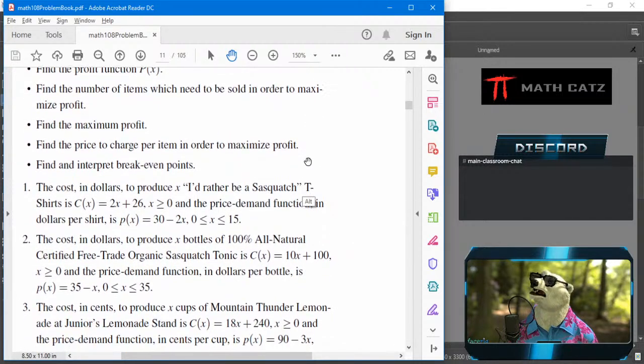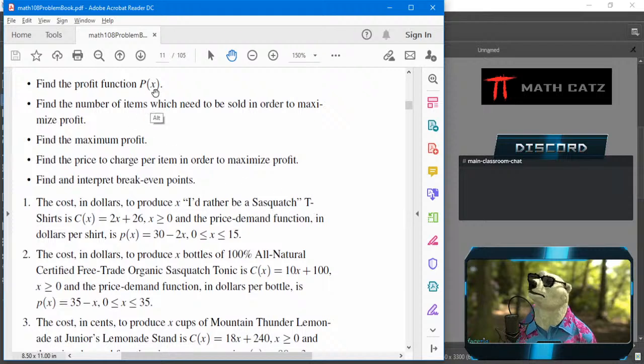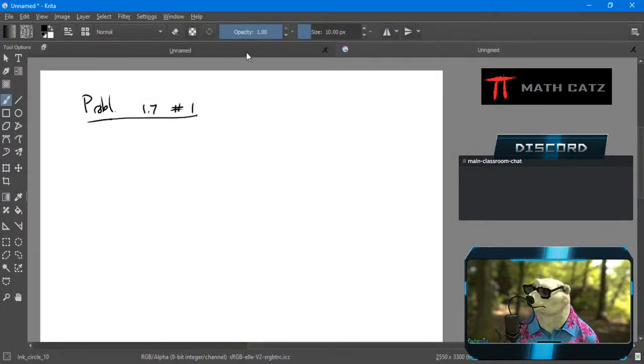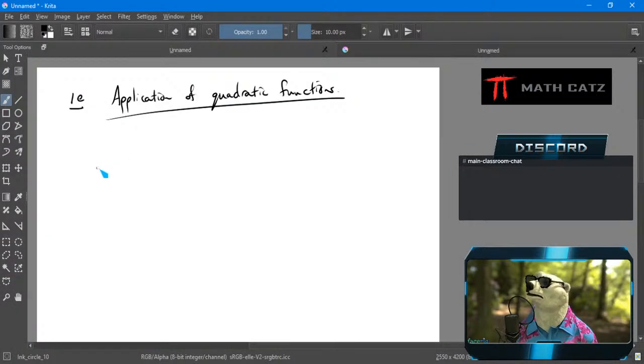Okay, so now I want to look at how my profit changes depending on the number of t-shirts. So I'm looking for a profit function. And then I'll answer some other questions once I have that. So to keep things very simple, we have our basic relationship.